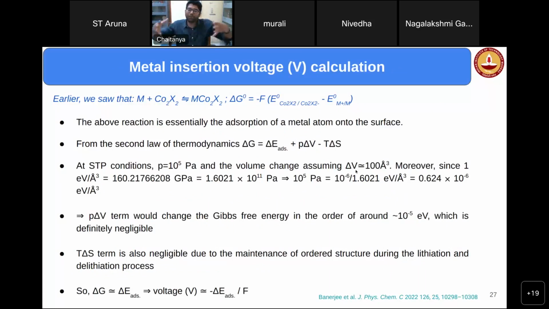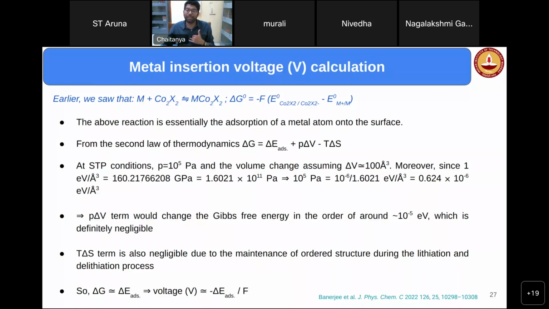If you assume the cell volume to be a maximum of 10 cross 10 cross 10, which is 100 angstrom cube, now you calculate what 1 electron per angstrom cube is. After you rewrite everything, it comes to 0.624 into 10 to the power of minus 6. If you multiply this pressure with the delta V, which is about 100, the overall energy is on the order of 10 to the power of minus 5 eV.